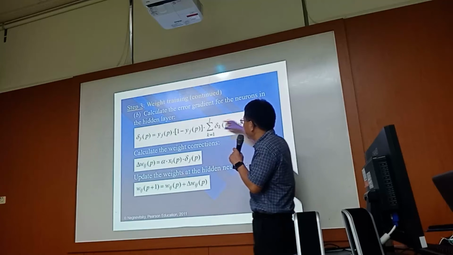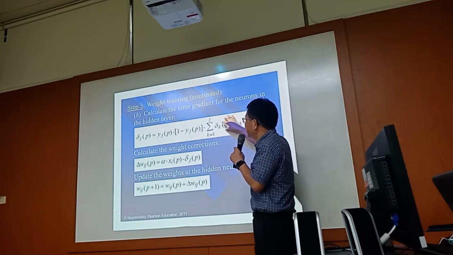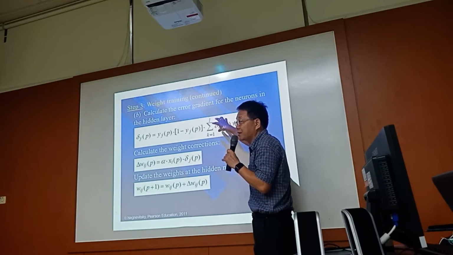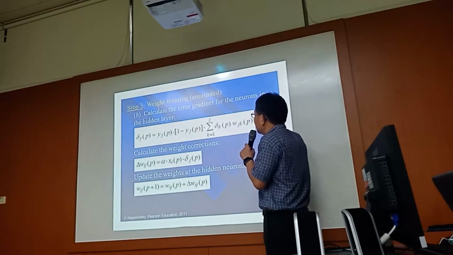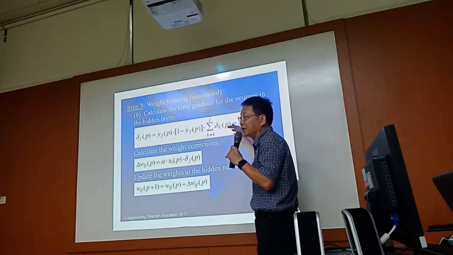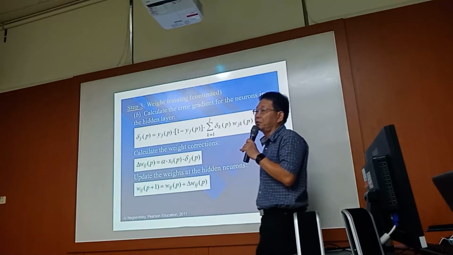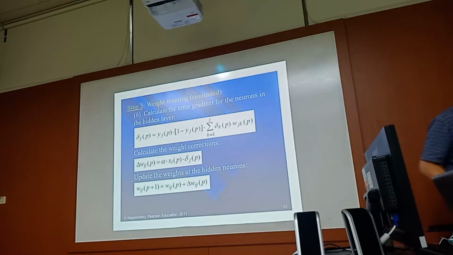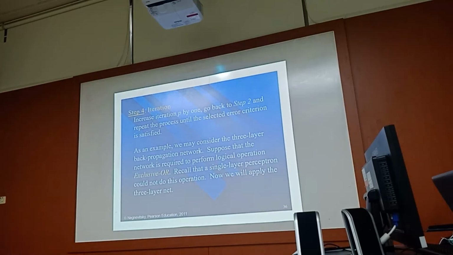All the output nodes, previously you calculated the delta K, need to be calculated and summed into this node, right? Be careful of that. And then iterate to do this.